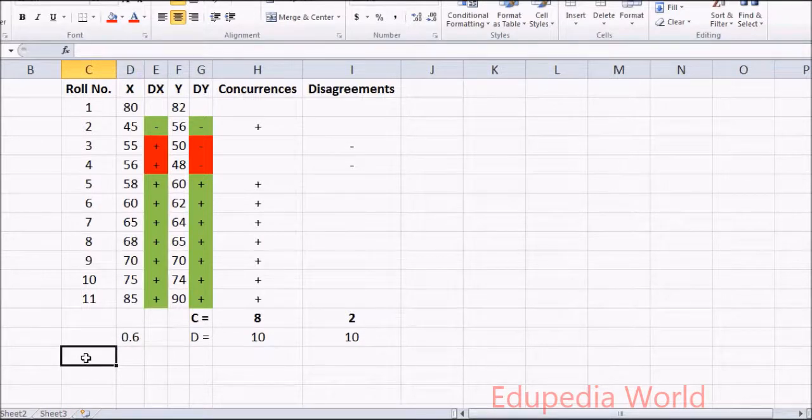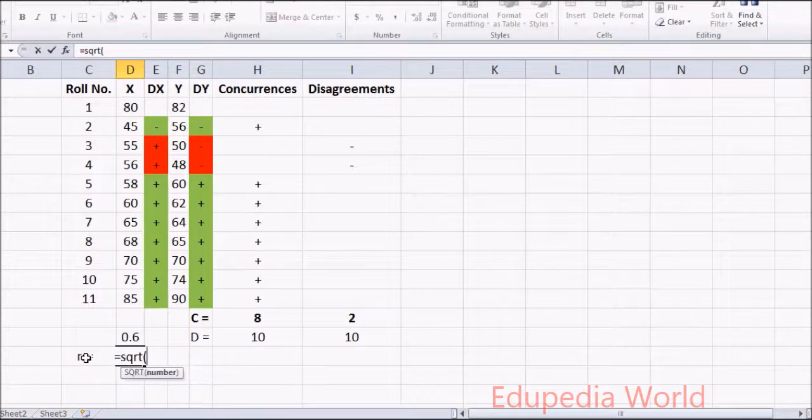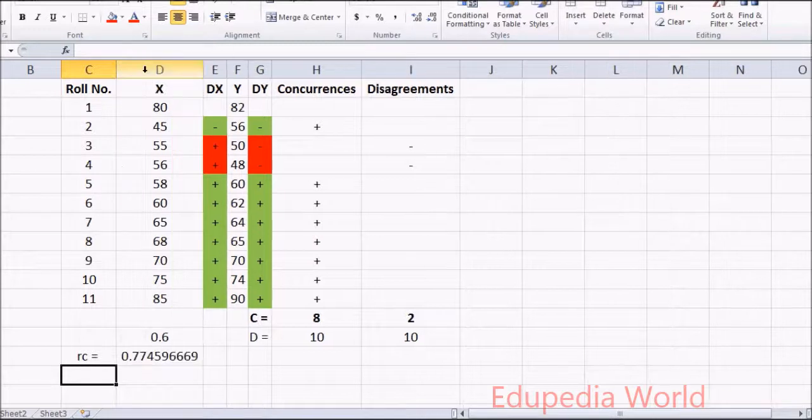The value of correlation r_c is the square root of this number. So my value of the correlation coefficient using the concurrent deviation method for this is 0.77.